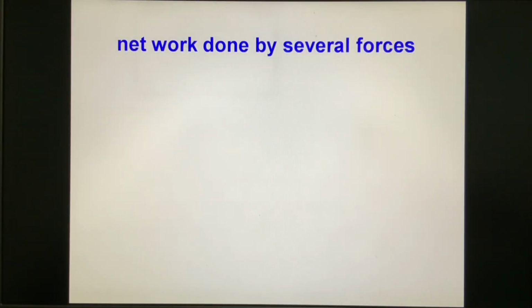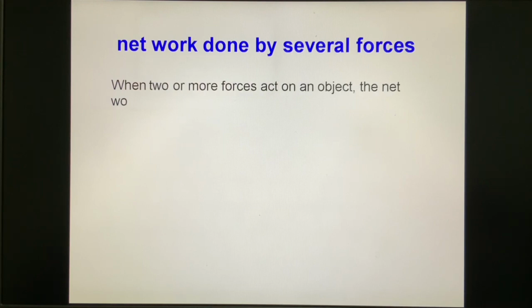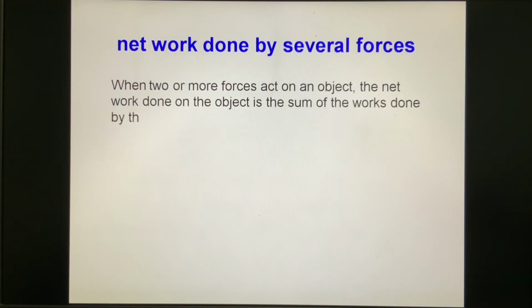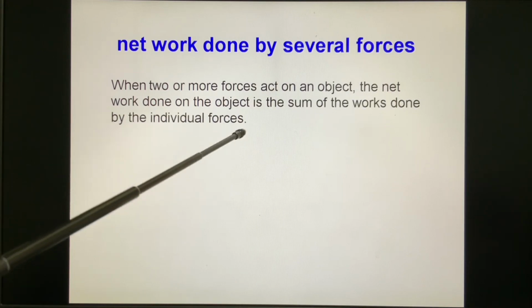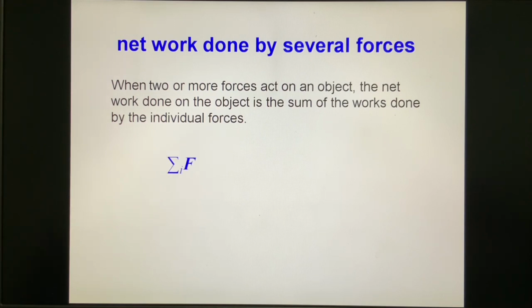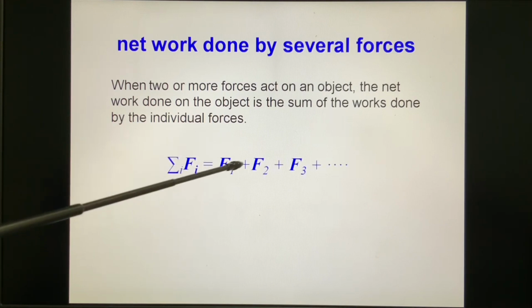Net work done by several forces. When two or more forces act on an object, the net work done on the object is the sum of the works done by the individual forces. For example, we have many forces. The net force, sigma Fi, is equal to F1 plus F2 plus F3, and so on.